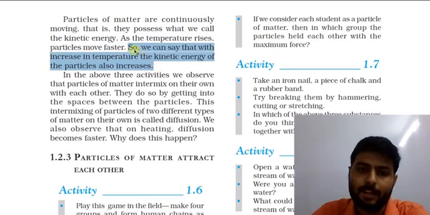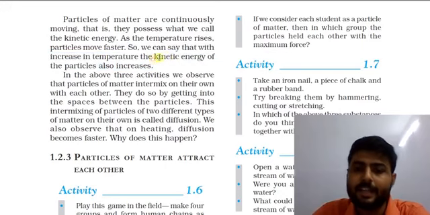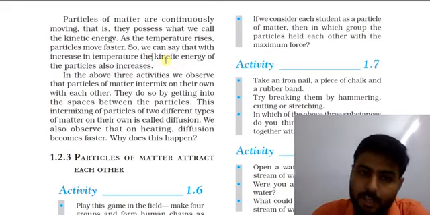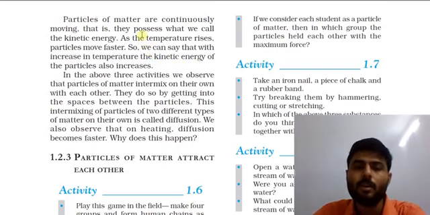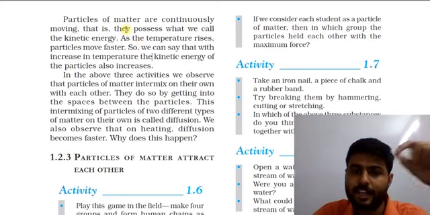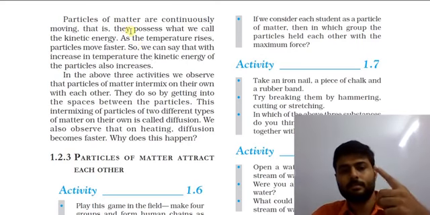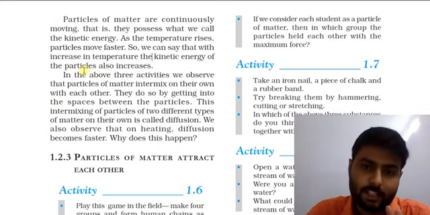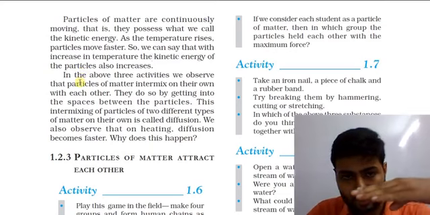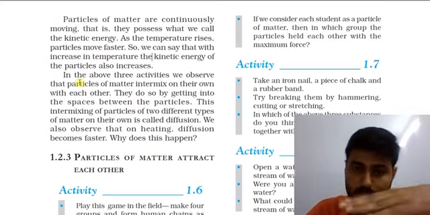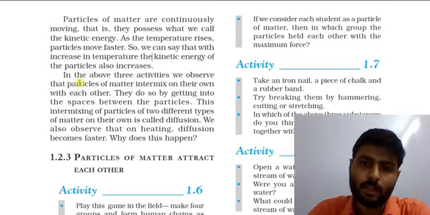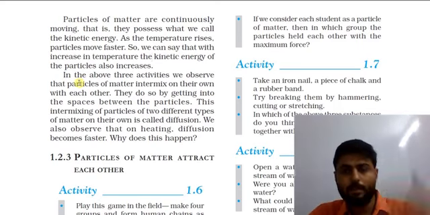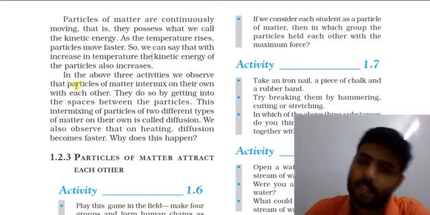Important point: with an increase in temperature, we have an increase in the kinetic energy of particles. So here we have the conclusion. Particles of matter are continuously moving, and due to that they have kinetic energy, and as temperature increases this kinetic energy increases, or we can say the movement of these particles increases.